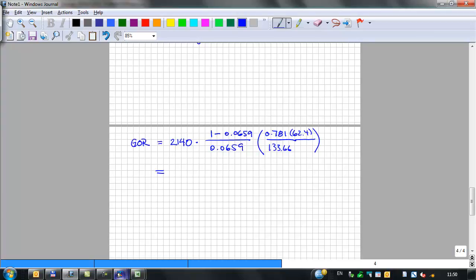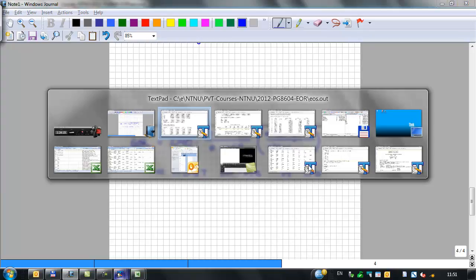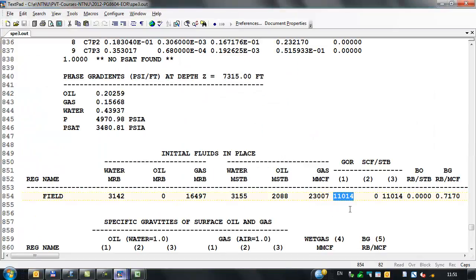Anybody have a calculator or not? Okay, we got 11,057 standard cubic feet per stock tank barrel, and that's versus what was it from the simulator, 11,014.